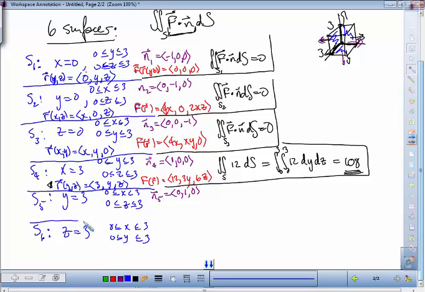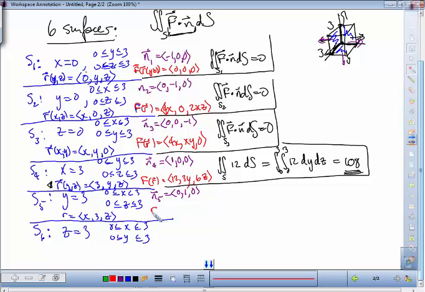Your parameterization is x, 3, z. So the x and z are your variables. The 3 is constant in the y. So your variables x and z will have limits from 0 to 3.